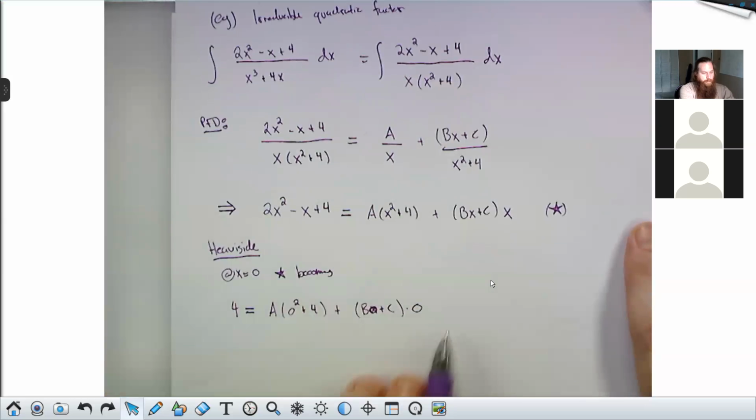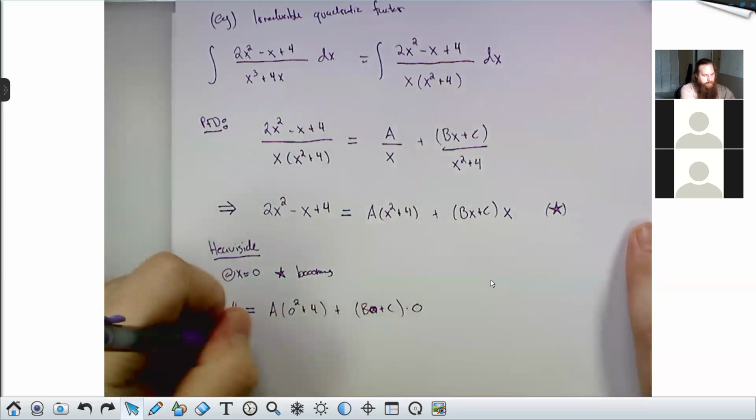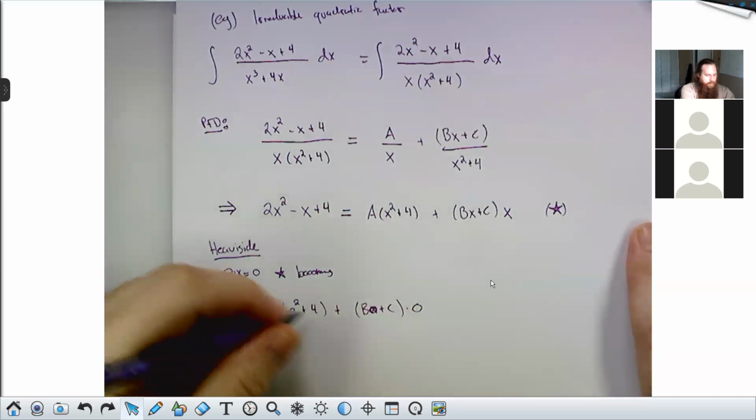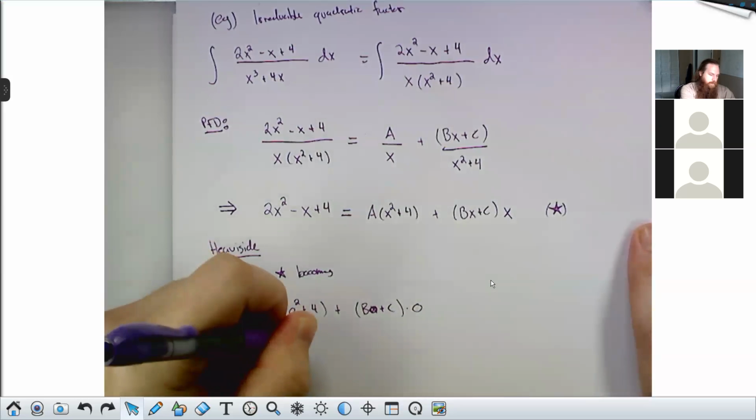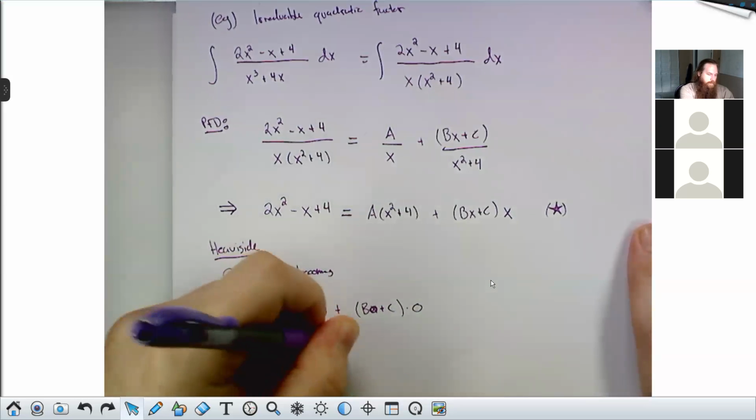In any case, this whole apparatus here is 0 because of the 0 here. So I get 4 equals, this is just 4a. So a is 1.